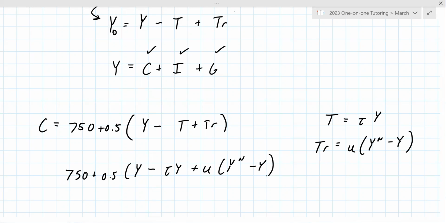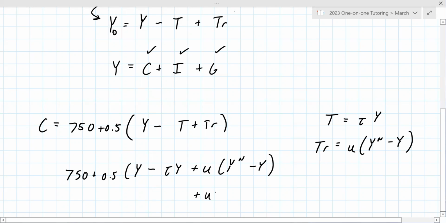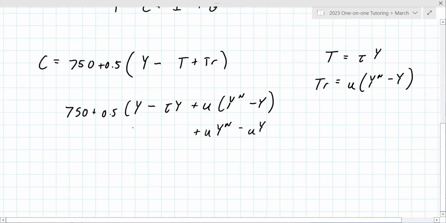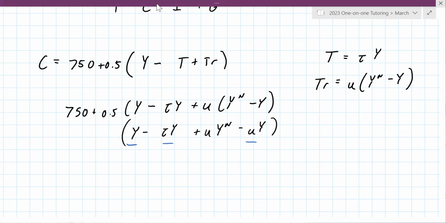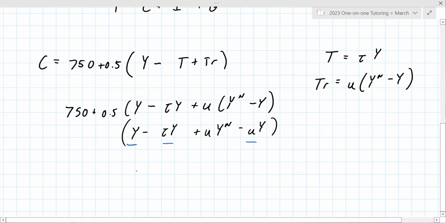Yes. Okay. And when you distribute this U, it's U YN minus U Y. And then you're supposed to notice that there is a Y in 3 of the 4 terms. So we can factor it out. So it ends up being Y times 1 minus tau minus U, plus U YN.